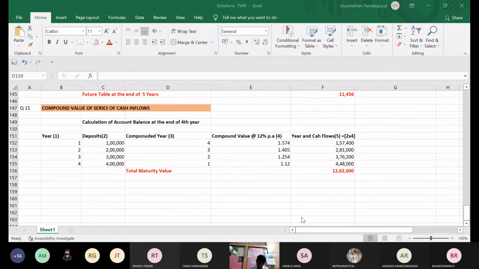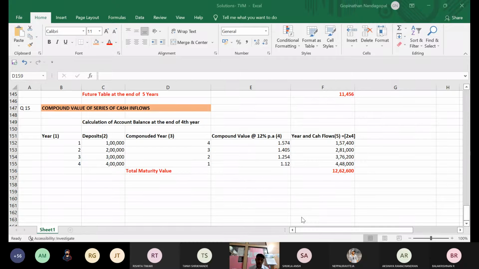So in order to find the series of equal cash flows made at a regular interval, we use this annuity method.